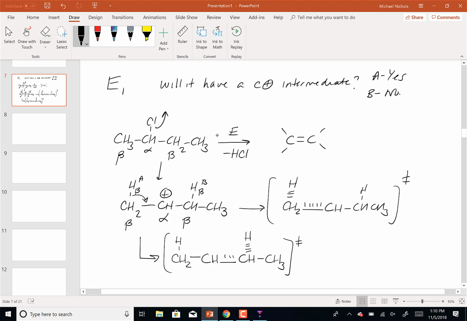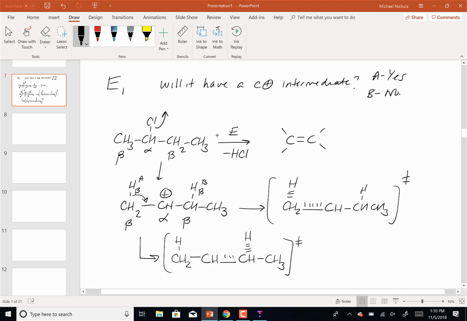So I'm going to have both the breaking of the CH bond and the making of the CC double bond all in the same transition state. Okay. What am I missing?